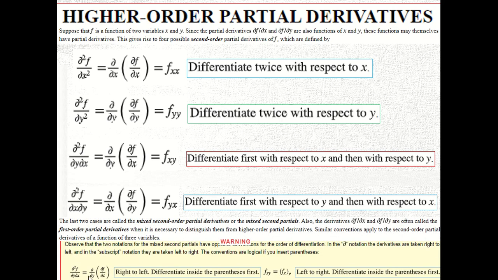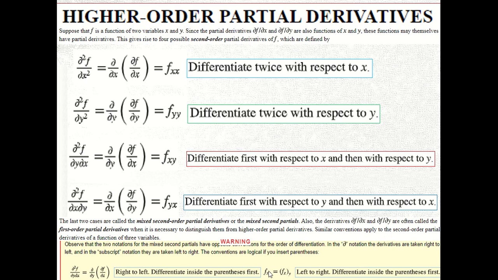If you have this notation, it's right to left. If you refer to this again, right to left. So differentiate inside the parenthesis first.